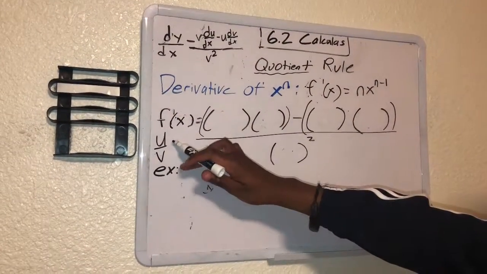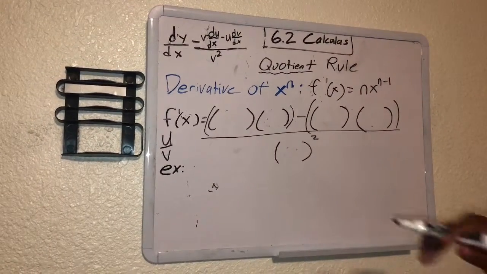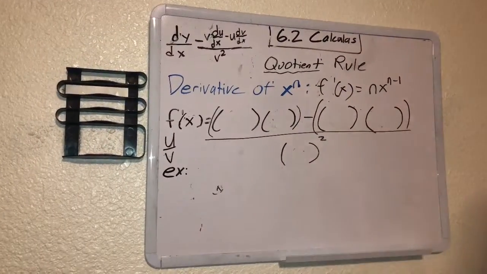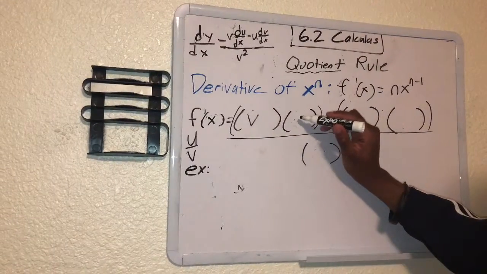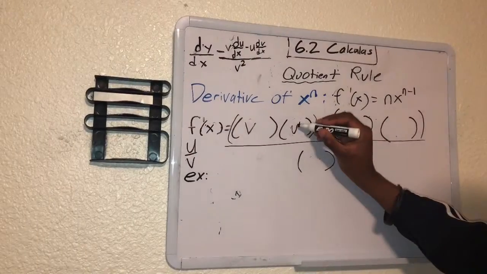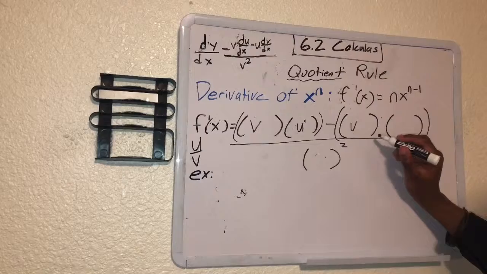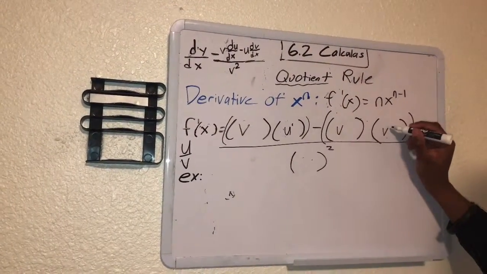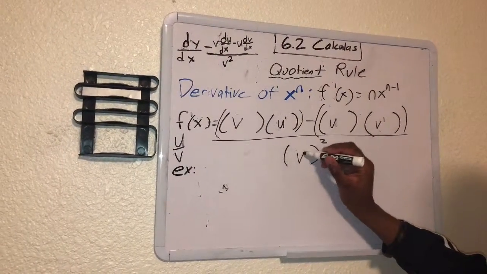Now u is the numerator function and v is the denominator function. So to make it easier and have variables for each of these things, we have v, the denominator, times the derivative of u, and then minus u times the derivative of v. And then that whole thing is divided by v squared.